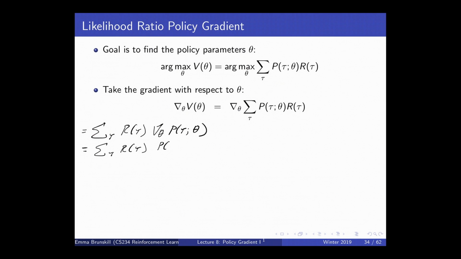We put in probability of tau given theta divided by probability of tau given theta, times the derivative of the probability of tau given theta.